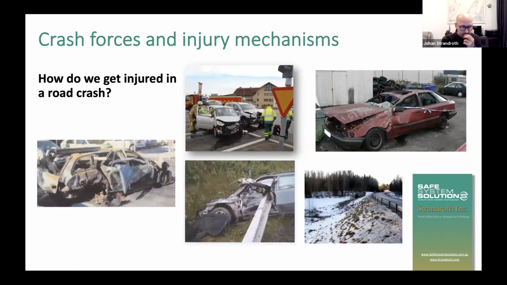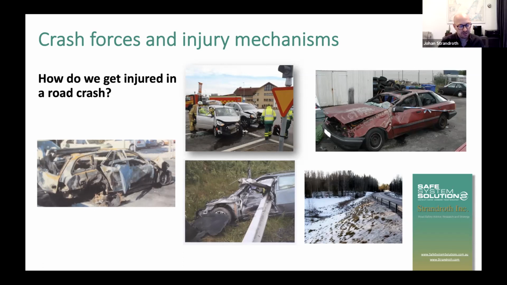So how do we get injured in road crashes, and why is that important? Well, I think the key bit is not just because it's interesting and because we want to learn more. We want to learn more because at the end of the day, we want to understand what could have prevented this crash. And to understand that, we need to understand a bit more about what actually caused those injuries.